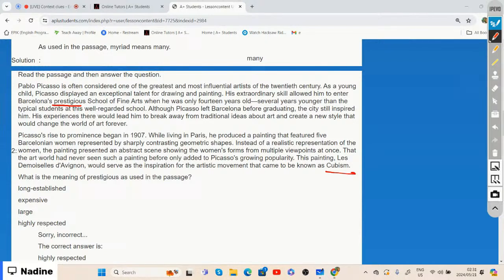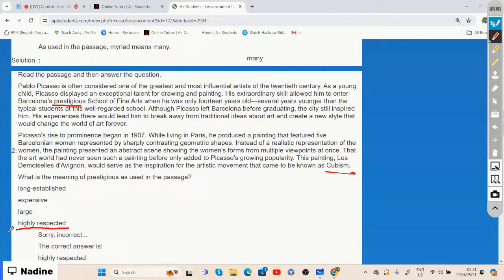Long established, expensive, large, or can we say it is a highly respected school? And if we were to choose the correct one, we can say that this was a highly respected school.